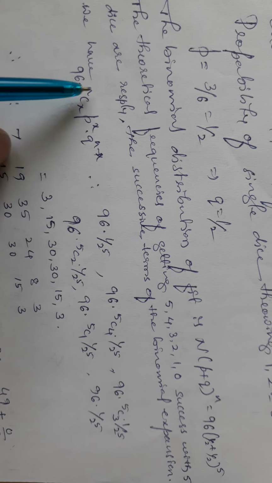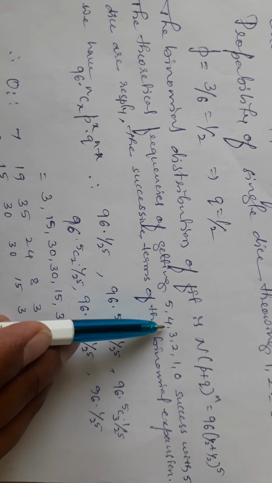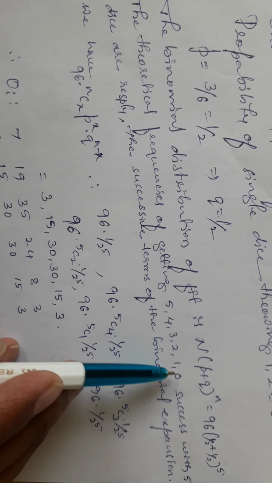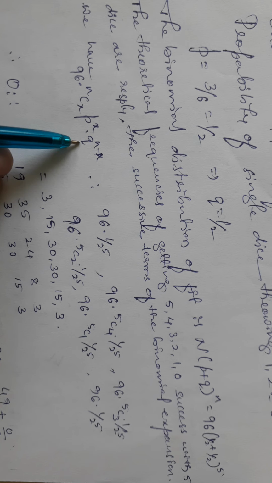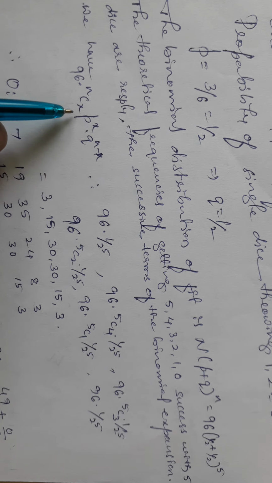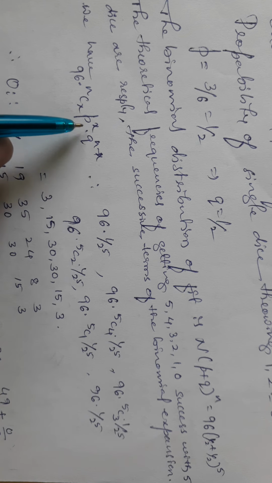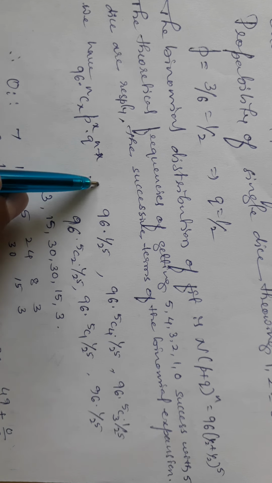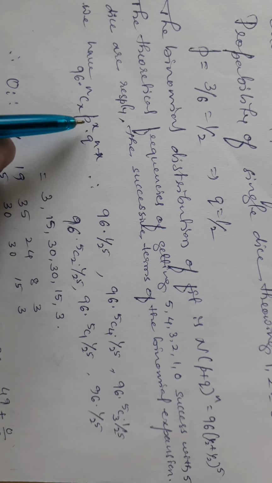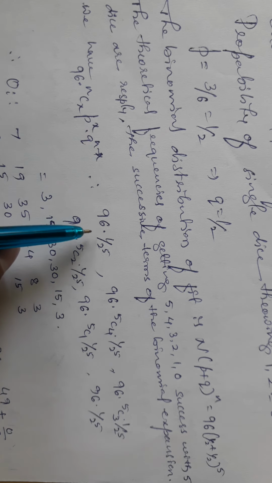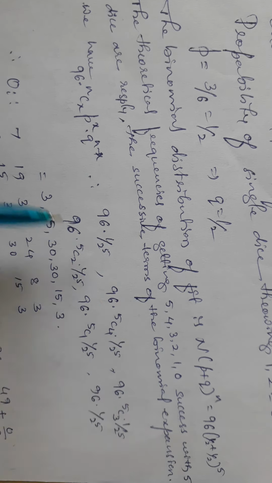Here n is 5, x is 5, 4, 3, 2, 1, 0. But here our p and q, that is the bases, are the same, 1 by 2, 1 by 2, so we can add the powers. Therefore x plus n minus x cancel, and we get only n. Therefore, we can calculate using different x values.